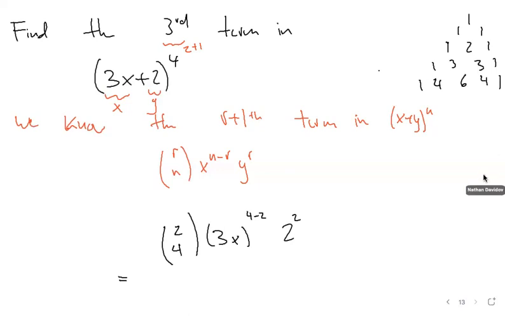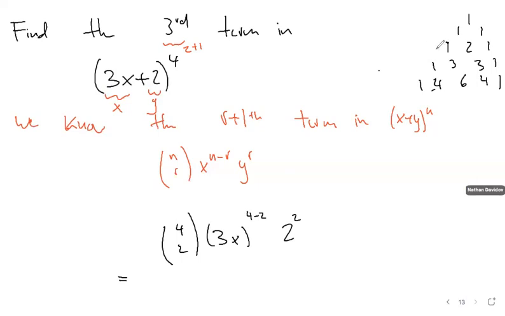And what is 2 choose 4? Oh, sorry, did I mess this up? Sorry. This should be n choose r, not r choose n. That's better.